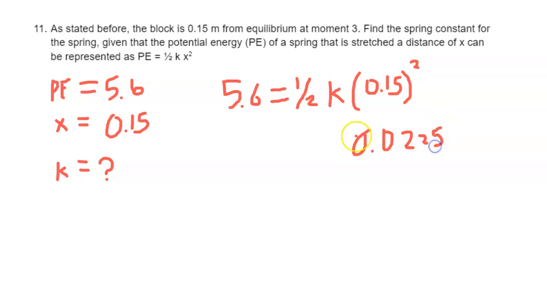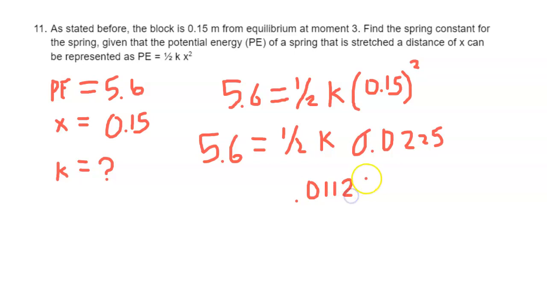Sorry, my writing is not very good. And then that's 1/2 K, and that still equals 5.6 over here. Now we can combine the 1/2 with the 0.0225. So we'll multiply that by 1/2, and we get 0.01125K.